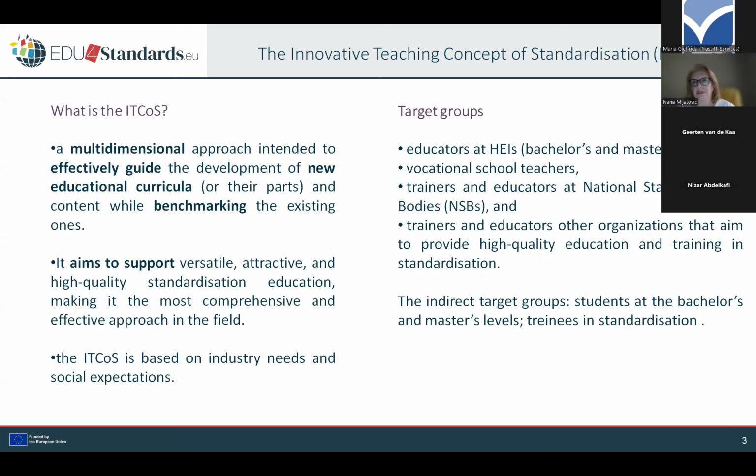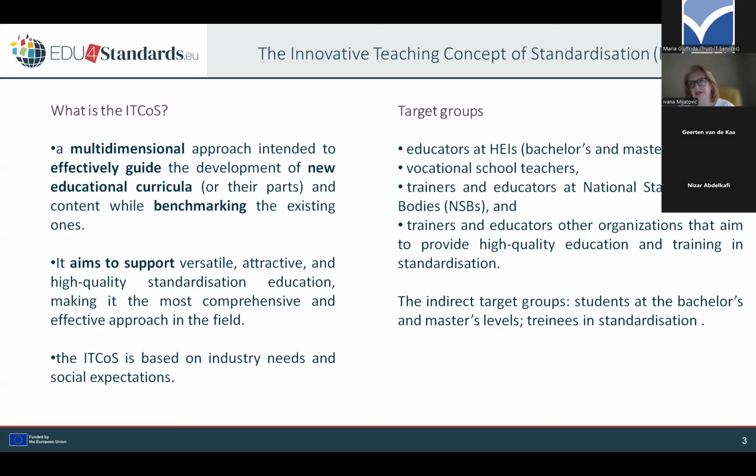Our target groups in this section are educators, teachers, and trainers in higher education institutions, especially those engaged in bachelor and master studies, vocational school teachers, trainers and educators at national standardization bodies and other SDOs, as well as trainers and educators of other organizations that aim to provide high-quality education and training on standardization.